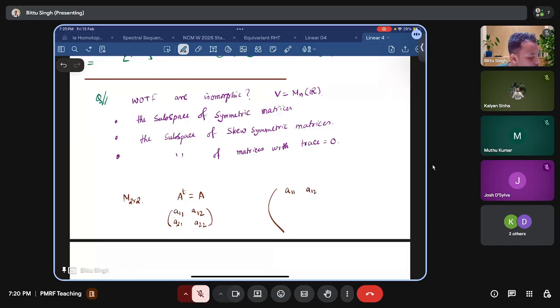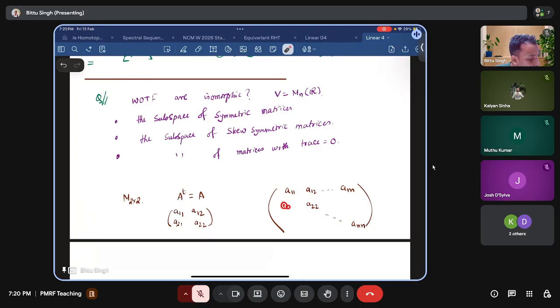A11, A12 up to A1n and A22 up to Ann, you can choose independently all those entries, right? But the entries below the diagonal are determined by all the other entries.